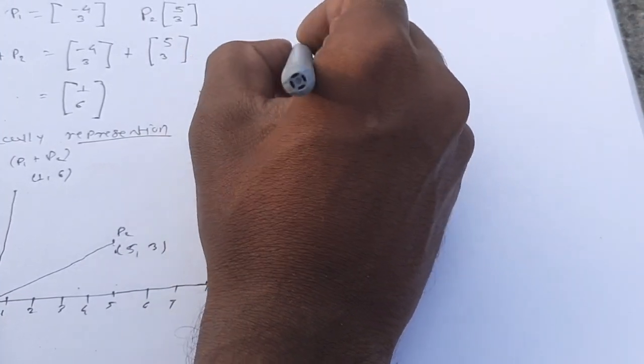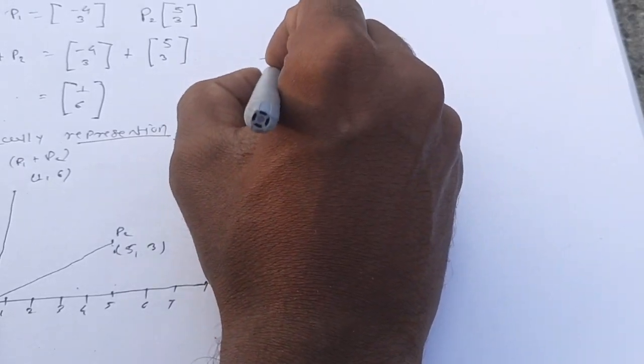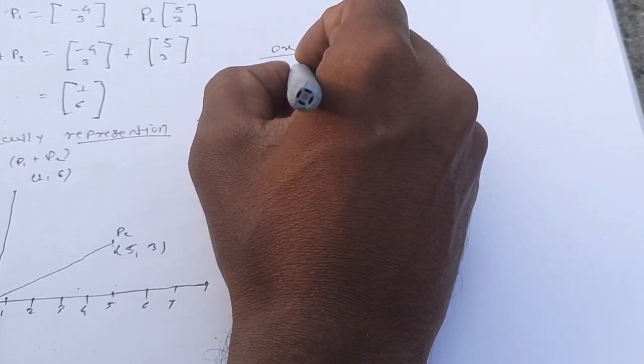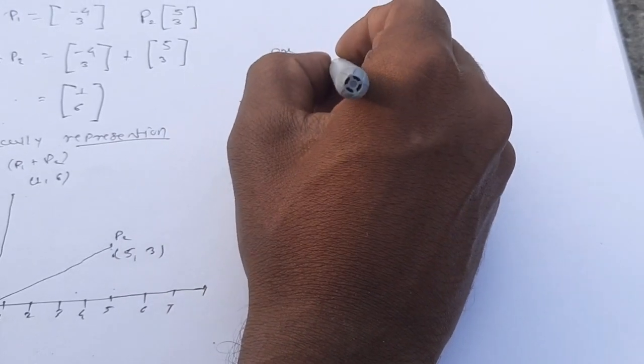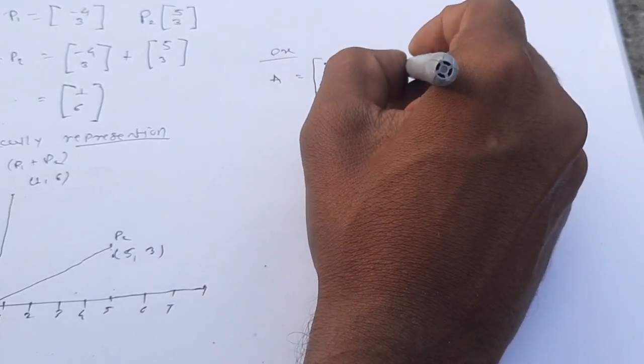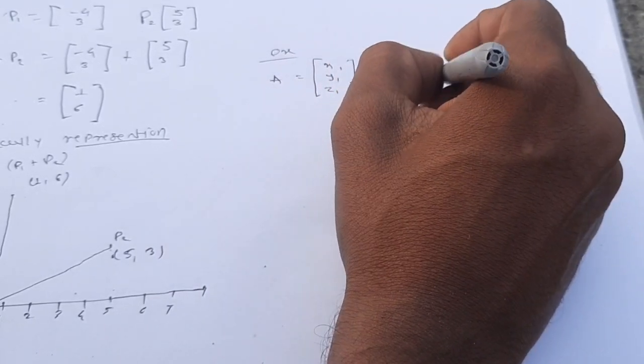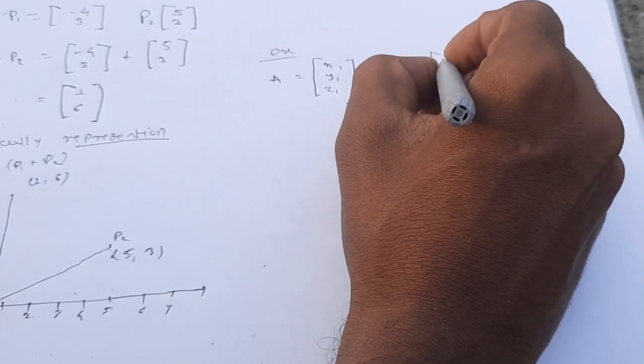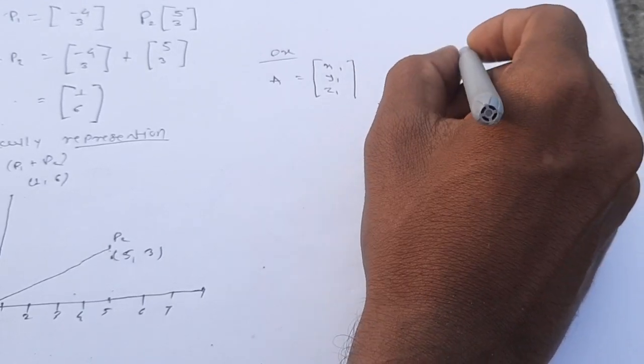The formula of addition of vectors: a is x1, y1, z1 and b is equal to x2, y2 and z2.